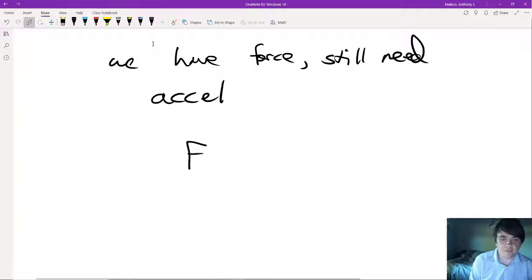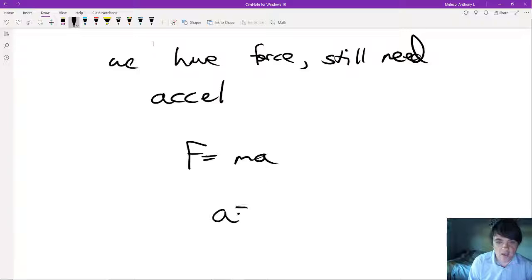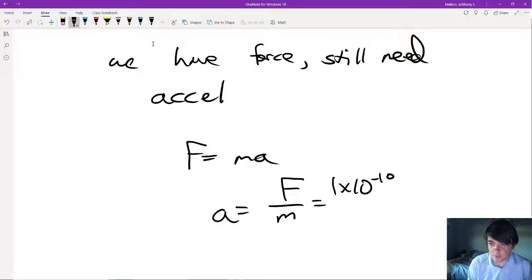So F equals ma, and so let's do it this way: a equals F over m. F was 1 times 10 to the minus 10 newtons, and m is 9.11 times 10 to the minus 31 kilograms.